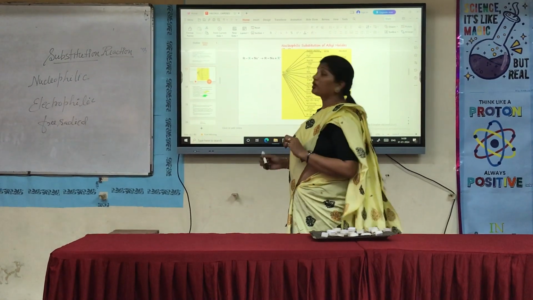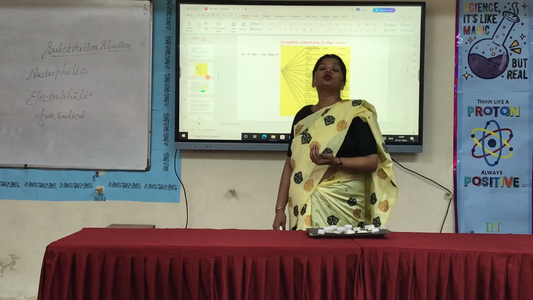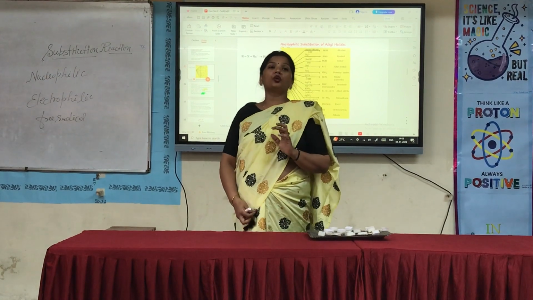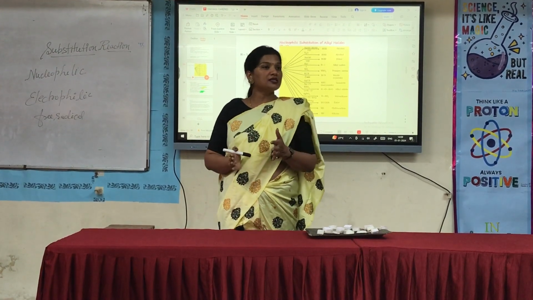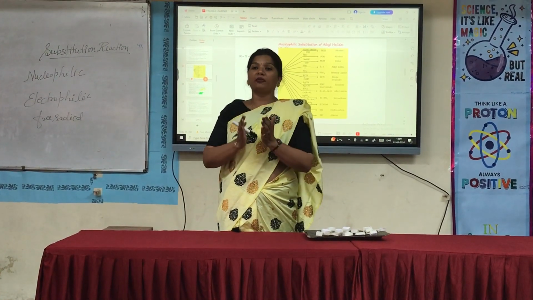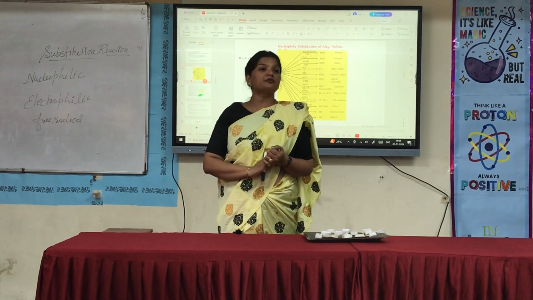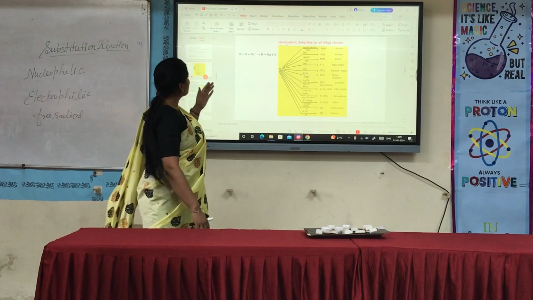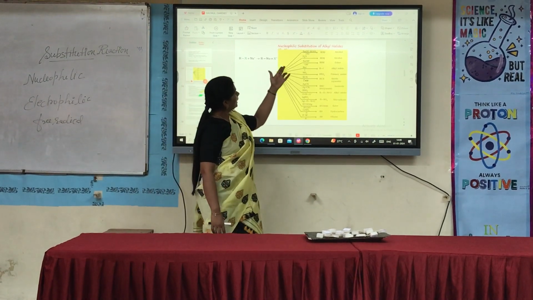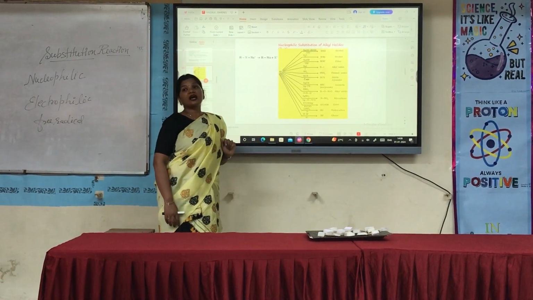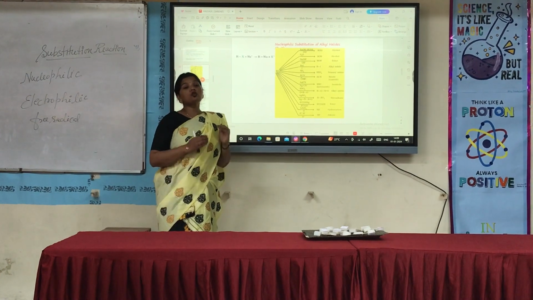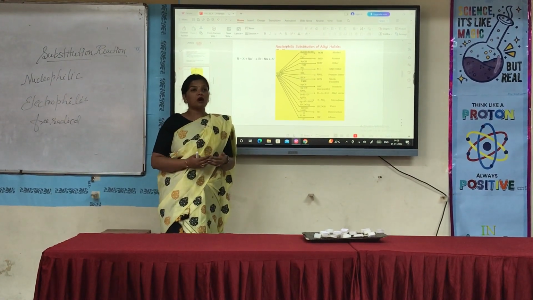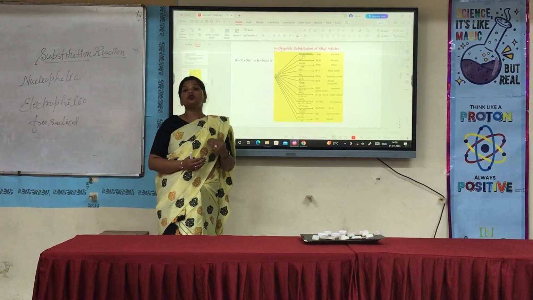So here, the chapter which we are going to demonstrate today is haloalkanes and haloarenes. But we are taking a very small topic, the nucleophilic substitution reaction. Before coming to the topic, there are some nucleophilic substitution reactions of alkyl halides, just to make students aware of the variety of nucleophiles.